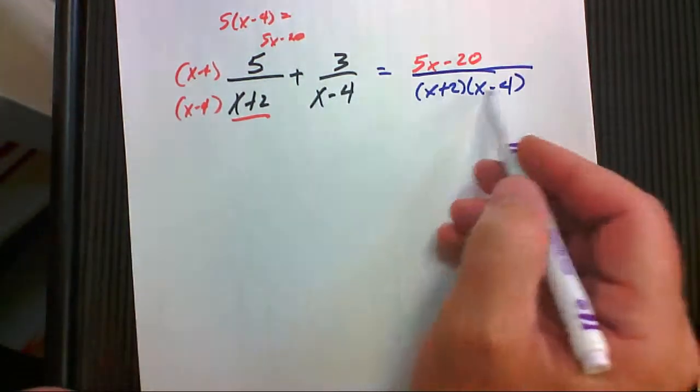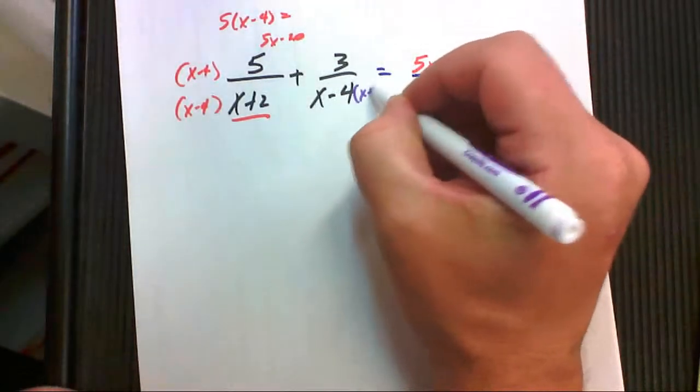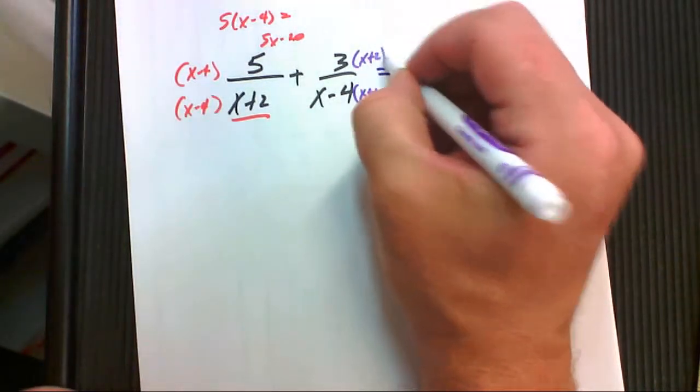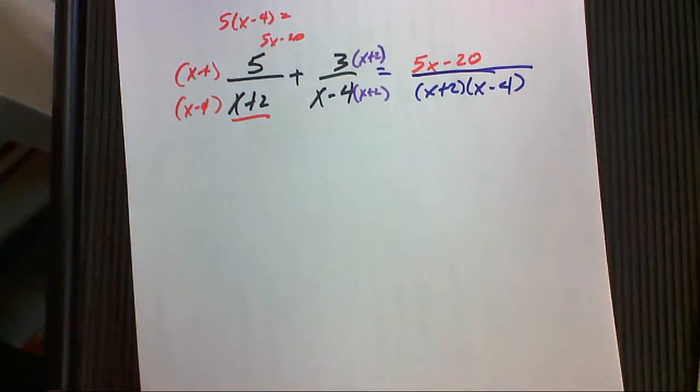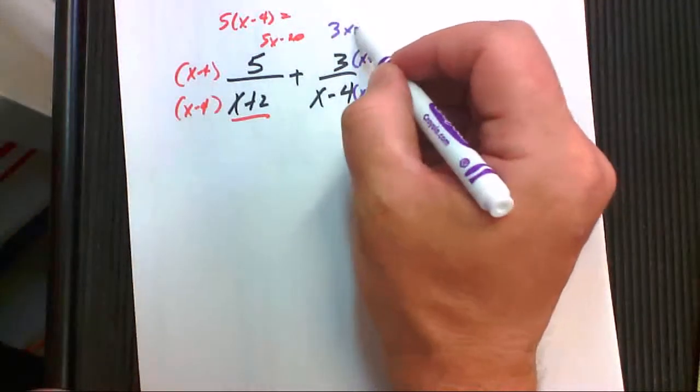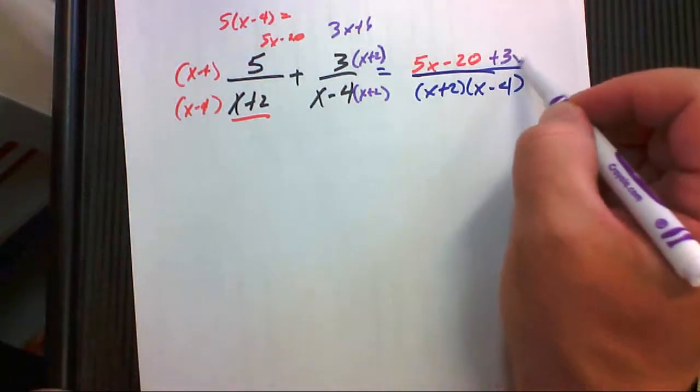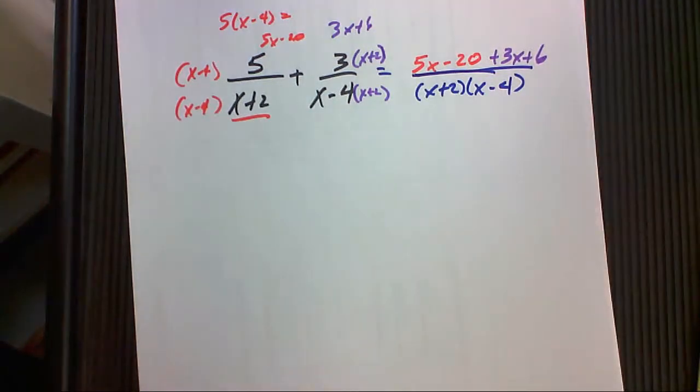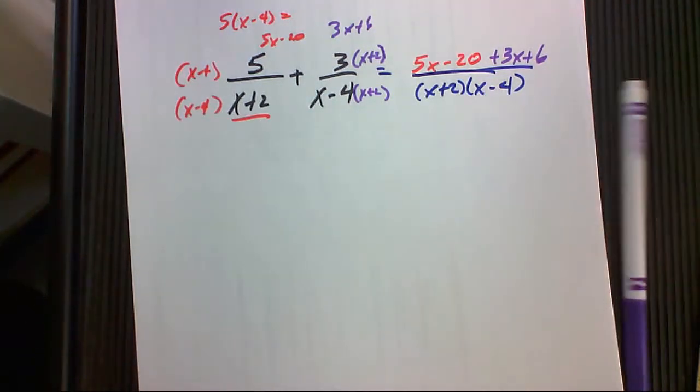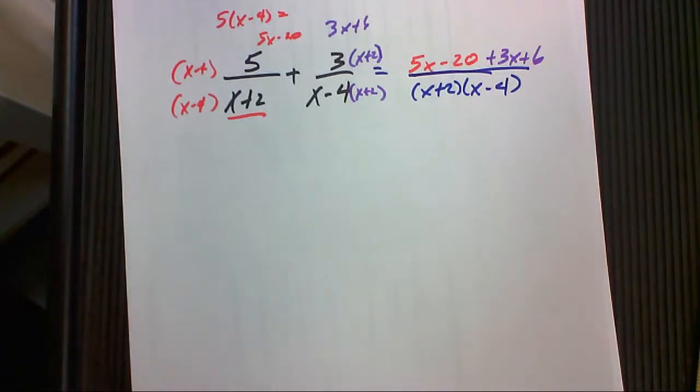Going to do this one right here. We have to have it be the same, so we're missing x plus 2. 3 times x plus 2 is 3x plus 6. So now we've got to do that little thing that begins with a C and ends in combine like terms.